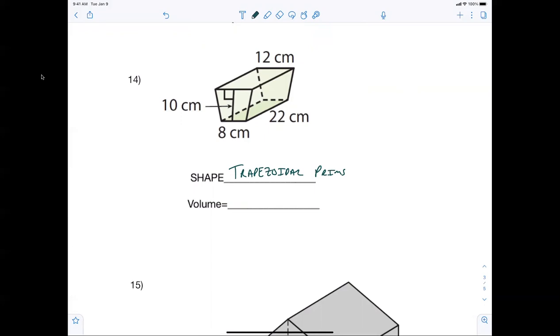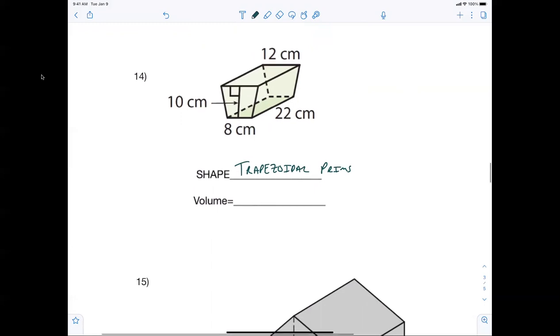All right. Now, once again, does the formula change for volume? Base times height. But now the hard part. Who remembers what the formula for area of a trapezoid was? Somebody did last period. I was kind of impressed. What is it? It's like the 2 bases, so you add the 2 bases.